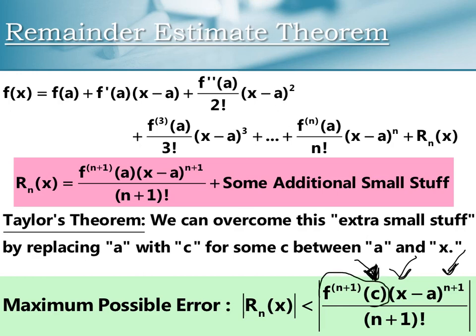Instead of having the center of the series, we need to maximize the value of this derivative at some value c, where c is some value between our center a and the x value that we're trying to estimate. It seems kind of strange, but when you see it worked out in practice, it's not as bad as you might think.